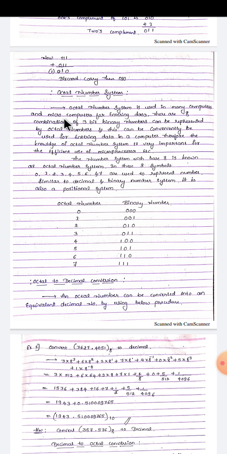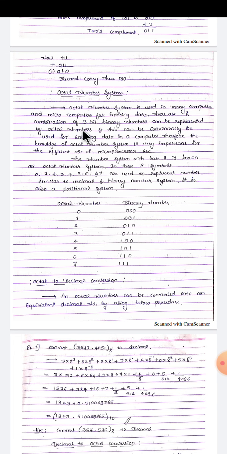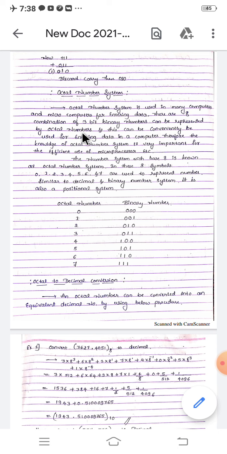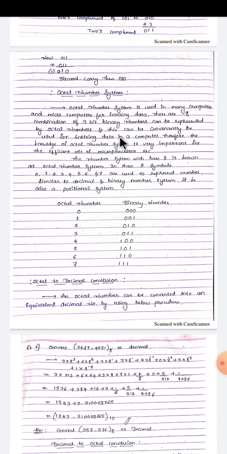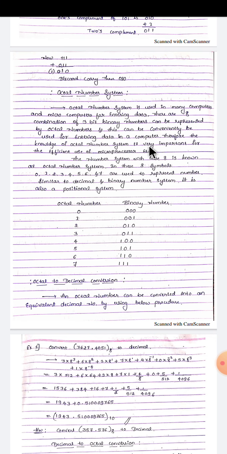The 8 combinations of 3-bit binary numbers can be represented by octal numbers. I will tell you how to represent those numbers, and this can conveniently be used for entering data in a computer. Therefore, knowledge of the octal number system is very important for the efficient use of microprocessors, etc.